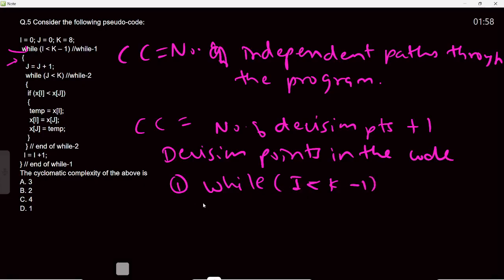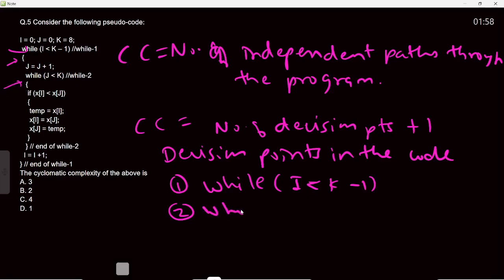This is the first decision point. Basically, a decision point is where the program flow depends on whether a condition is satisfied or not.